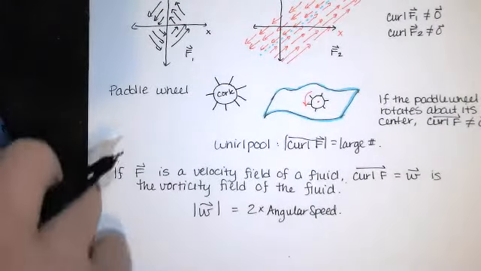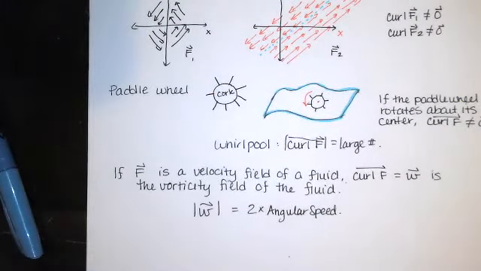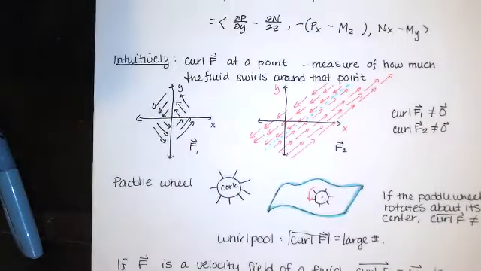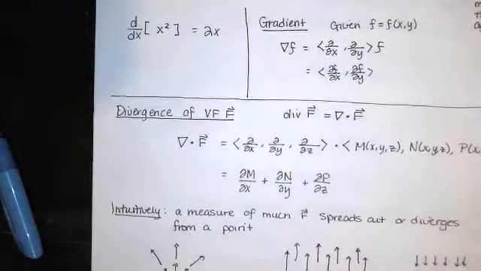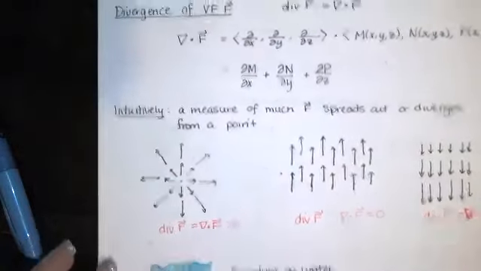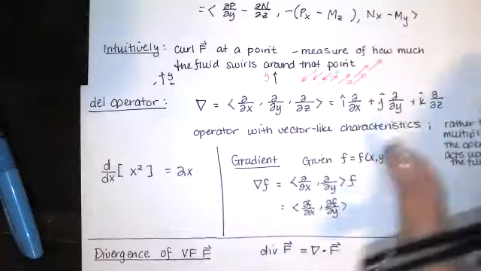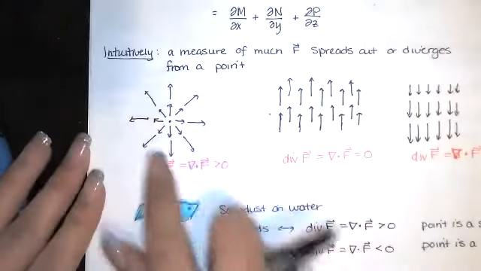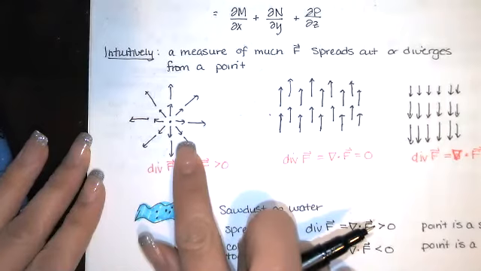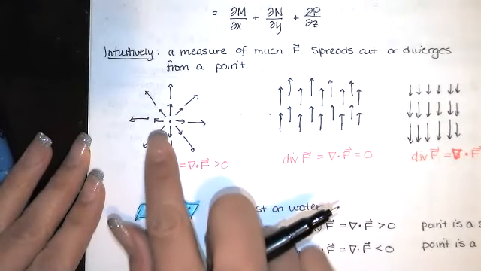Let's calculate some divergence and some curl. Actually, right before we do that, let's look at those other pictures that we talked about before. Now remember, the intuitive definition of curl is a measure of how much the fluid is rotating or swirling around the point. What do you think? Is the curl positive, or is the curl 0 or non-zero here?